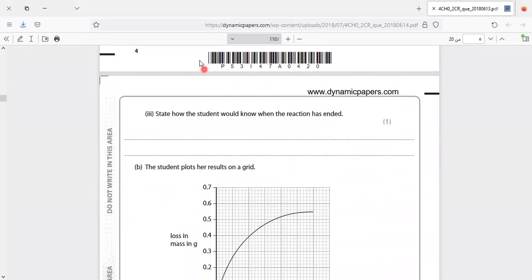So your answer is: when it stops decreasing in mass, this is the last point in the reaction.